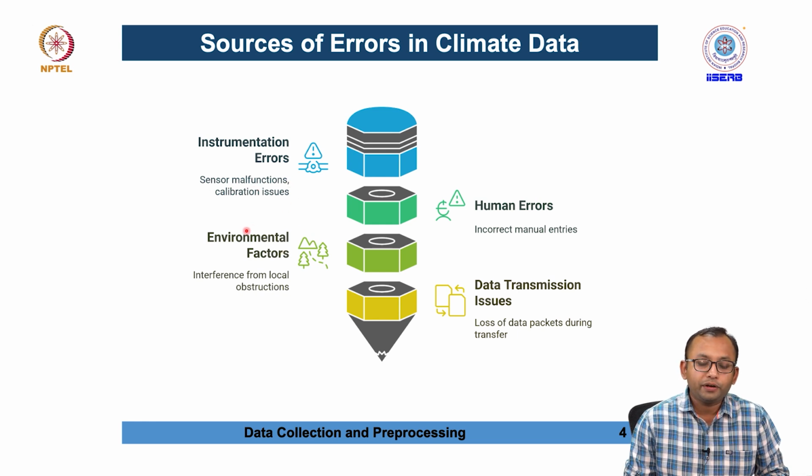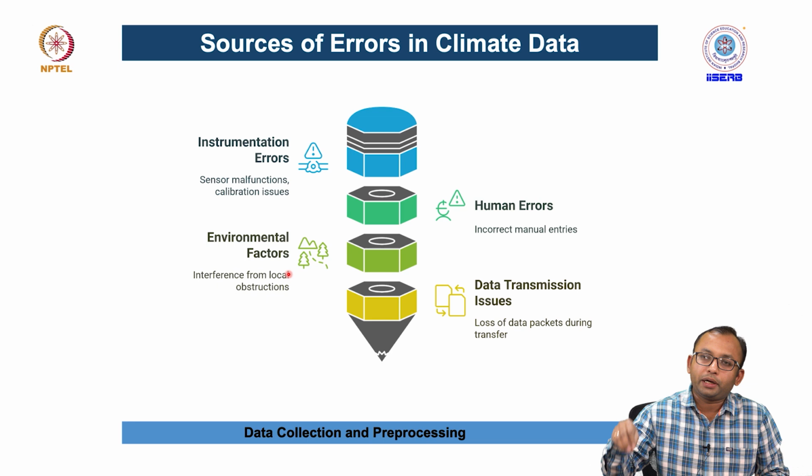There are also some environmental factors, for example, interference from local obstructions. It might be possible that some weather or climatic conditions obstruct the collection of data at a particular location.